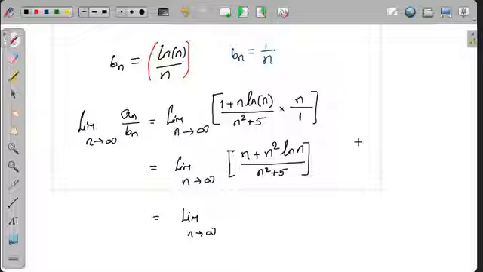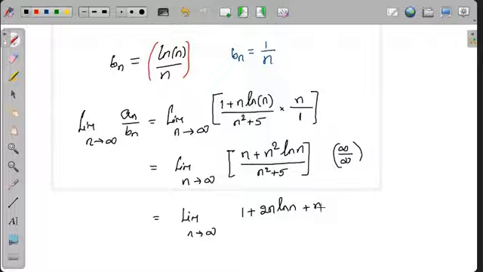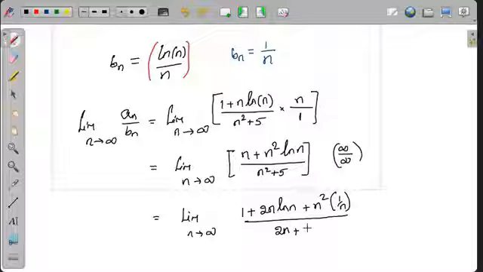Because in the numerator and denominator, we are getting infinity over infinity, let's apply L'Hospital. In that case, it becomes 1 plus 2n into ln n plus n squared times 1 by n, over 2n plus 5. The derivative of 5 would be 0.